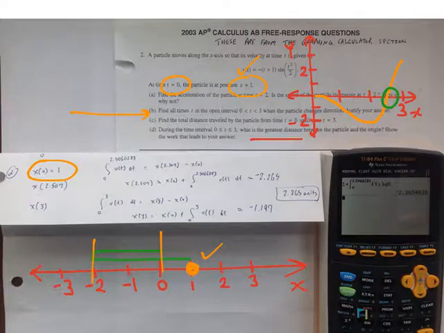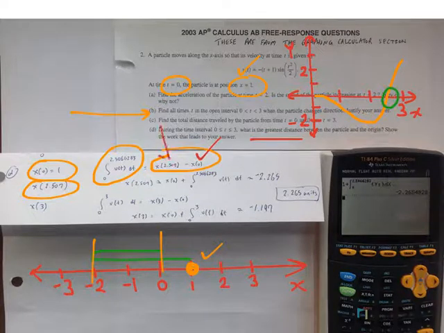So we already know where the particle is at the beginning. And to find where the particle ends up at time t equals 2.507 seconds, we can take the definite integral of the velocity function from 0 to 2.507 seconds, and using the fundamental theorem of calculus, this is what we have. We know the position at time t equals 0. We can solve for the position at time t equals 2.507.